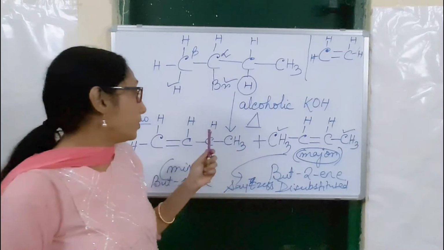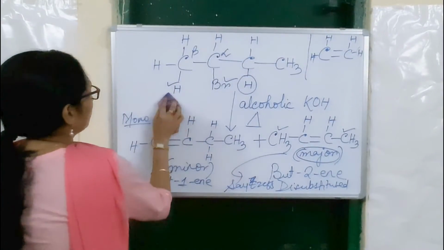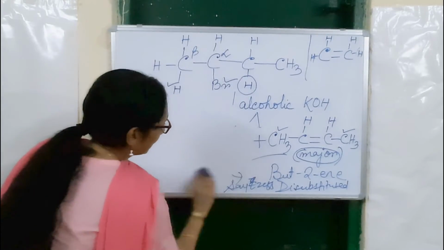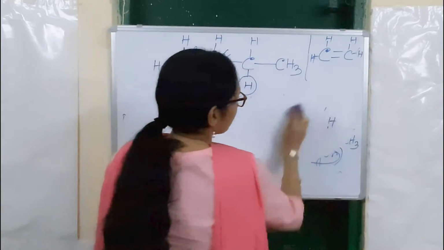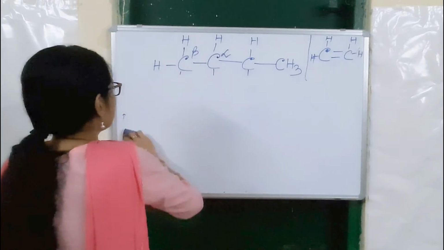Now if I ask you that among but-1-ene and but-2-ene, which one will exhibit geometrical isomerism? But-2-ene will exhibit geometrical isomerism.